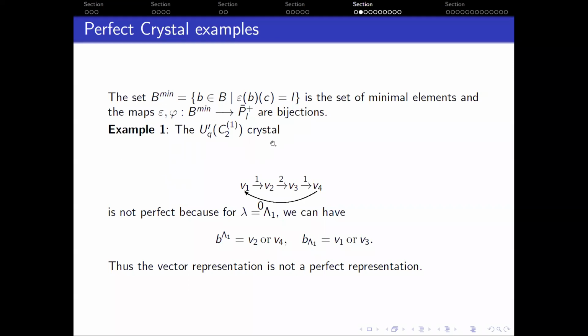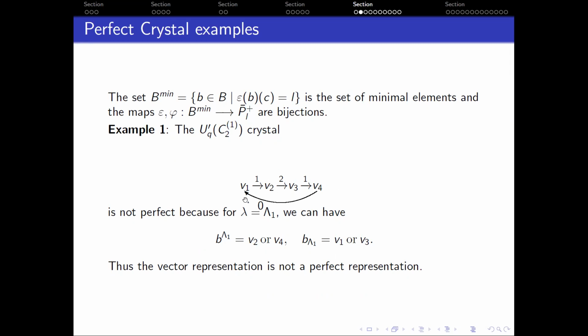The first thing, this is what we had seen before Miwa appeared on the scene: if you take the C2 crystal, so C2 is Sp4, the vector representation, that's a 4-dimensional representation, and that can be lifted to an affine representation by defining the 0 action sending V4 to V1.